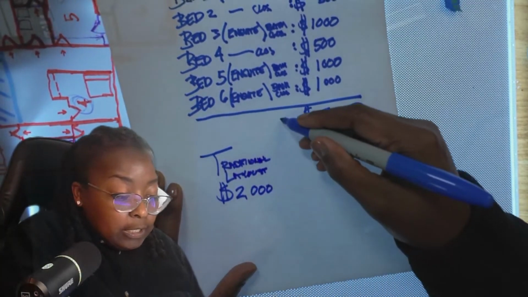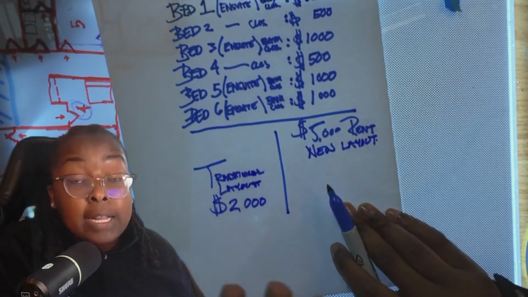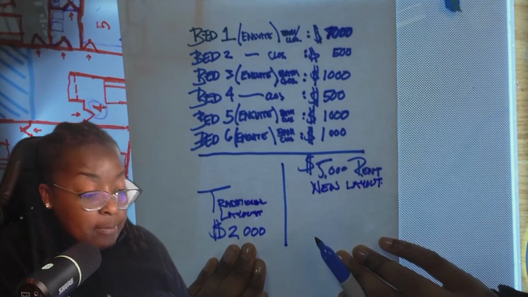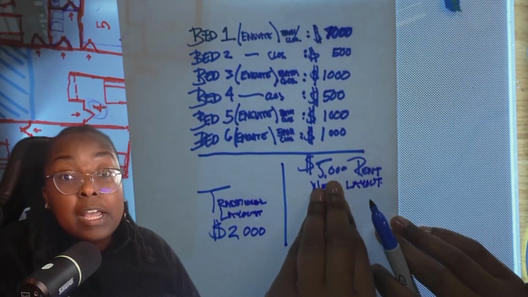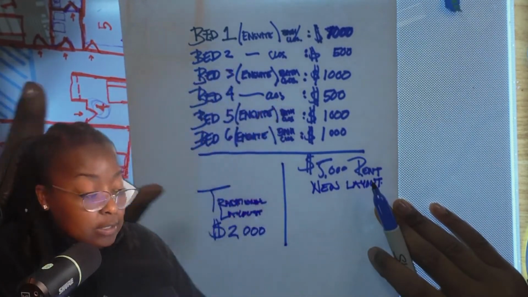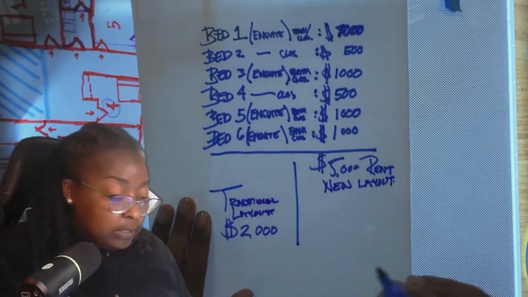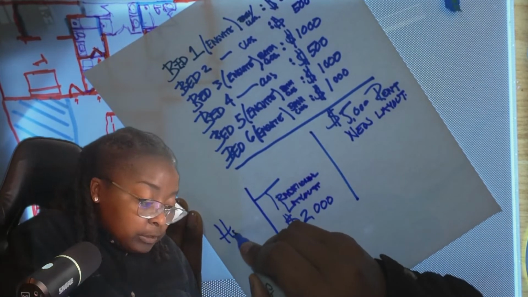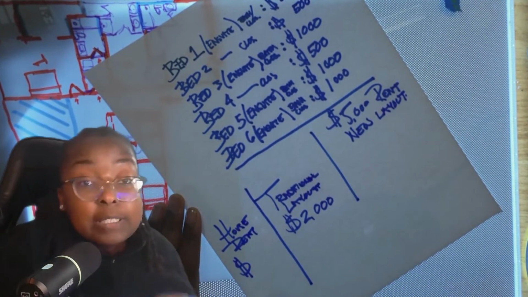But here's the kicker. If we rent it traditionally, as the home is, and not convert it, we might be looking at $2,000. But if we convert it and upscale it, we're now looking at 5,000. But if we were not renting by room and renting by the whole house, I'm going to give a modest number.